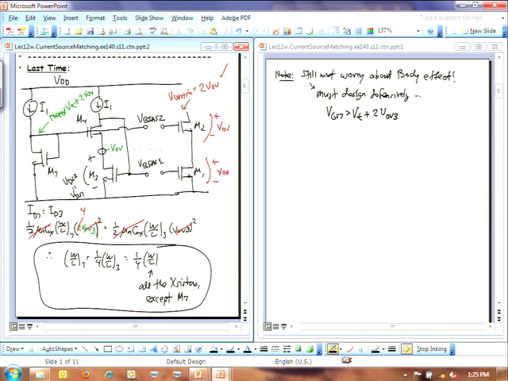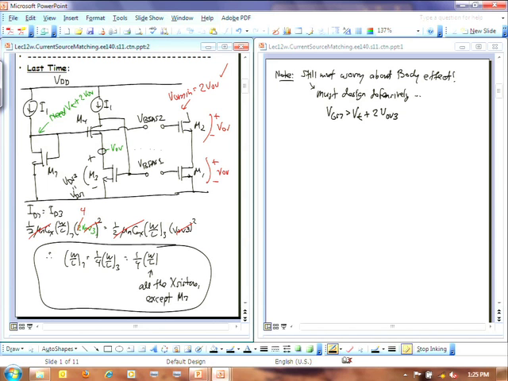And so how can we match these currents? Okay, so we know that each of these currents is given by an equation like this. So here's ID1, right? That's equal to 1/2 mu n Cox times the W over L of device 1 times the VGS of 1 minus the VT squared, and ID2 is the same except now it's W over L of 2, VGS of 2 minus VT of 2 squared.